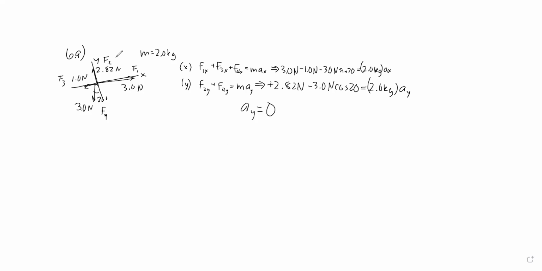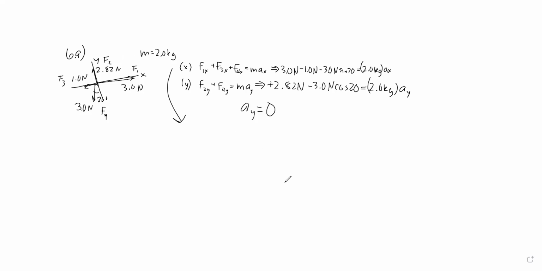Does anyone want to quickly calculate 3 times sine of 20? I actually think it's close to 1. Mm, 1.02. Perfect. Thank you. I'll double check that. All right, so 1.02.